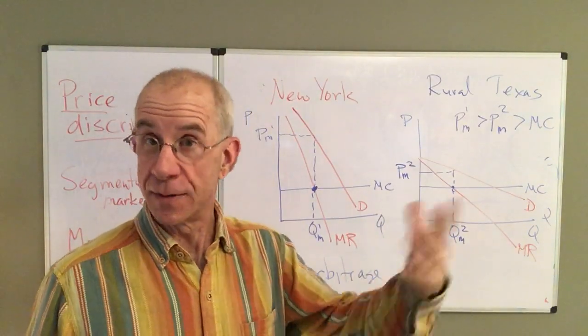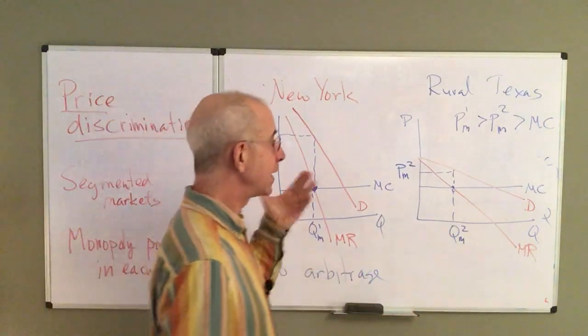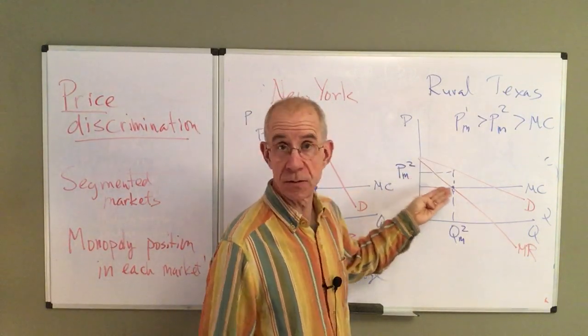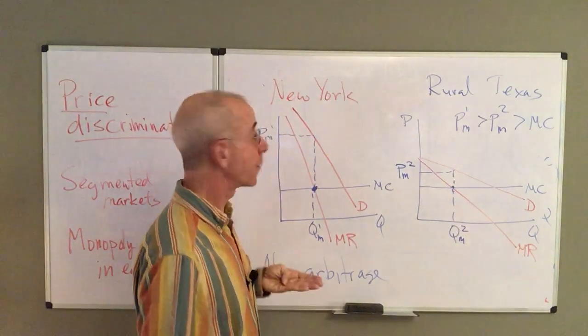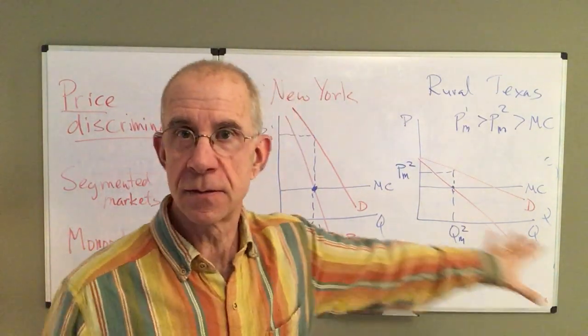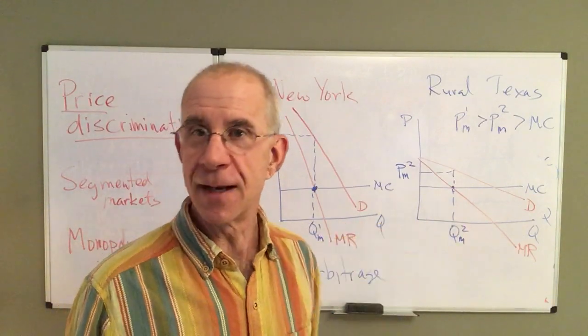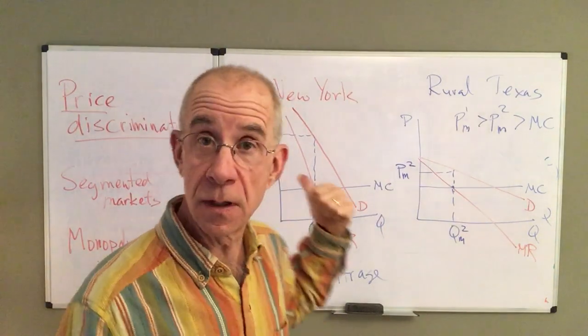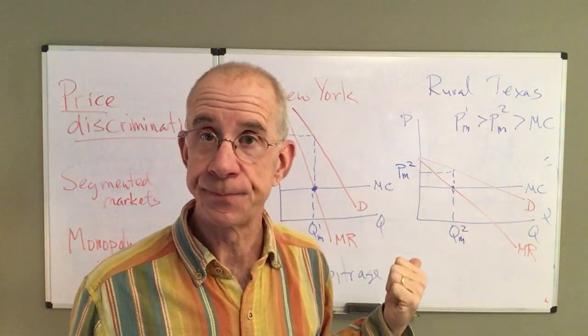That's buying low and selling high. So if it were easy to take this product and move it from rural Texas, where prices are low, to New York, where prices are high, you would have an incentive for somebody, not this firm, but somebody else to buy the product in Texas and move it to the other market where the prices are high.